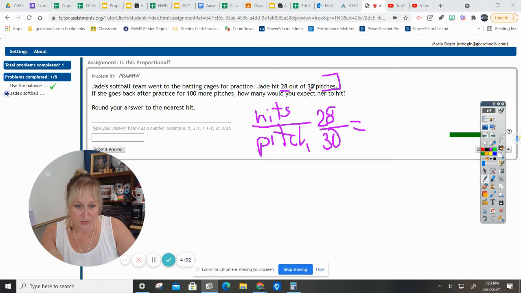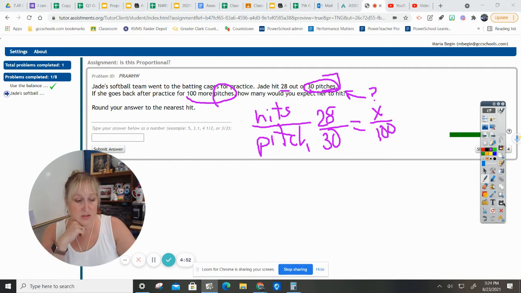So I'm going to keep going in here. So 28 out of 30 pitches, and it's telling me 100 pitches, but it's not saying hits except here. So this is an unknown, right? Our hit is the unknown. So I'm going to fill that in up here, and the pitches is 100.